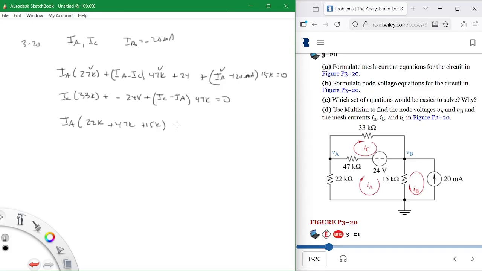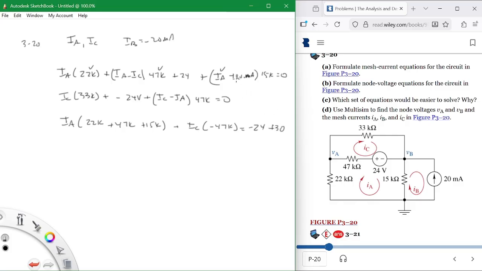There's an IC minus 47K. What about the right-hand side? 24 minus 24. And then 0.020 times 15,000 is what? 20 times 15 is 30. It's a minus, so it will be a plus over here. It'll be a plus 30.